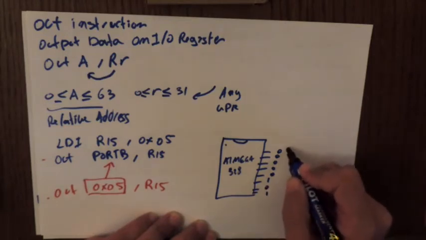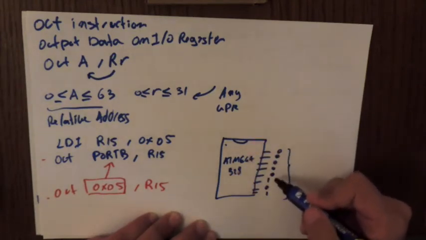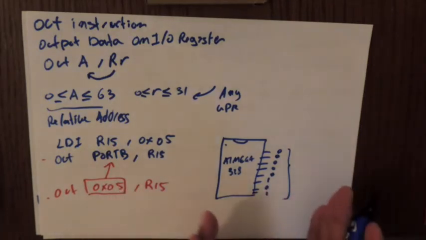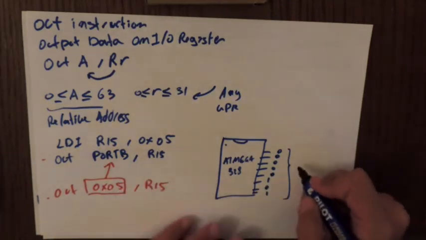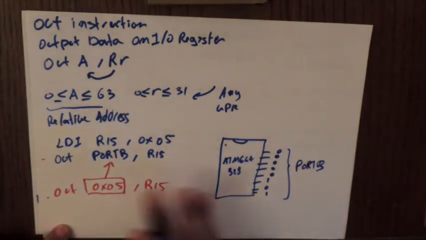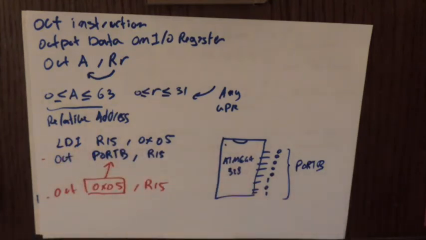So this is outputting to the outside world. This can be LEDs, so it's going to be all off, on, off, on, and I can actually control now anything that's connected to port B.